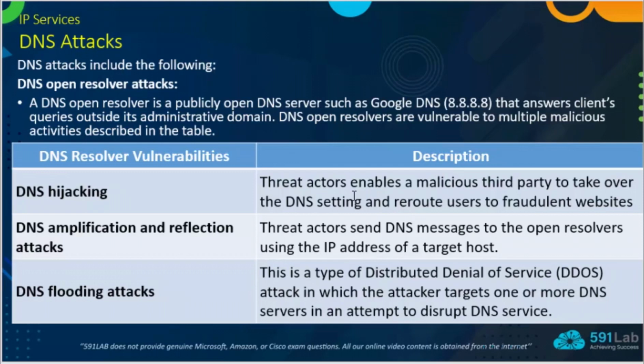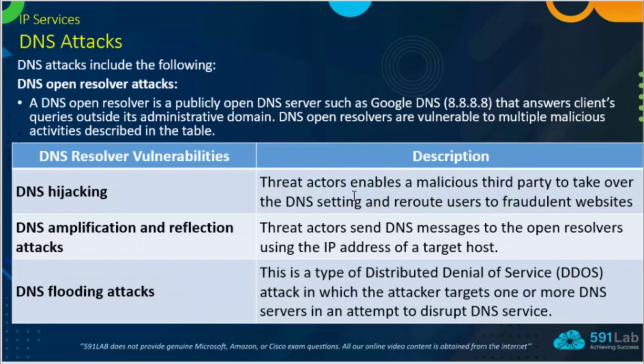We refer to that as DNS hijacking. We can also have DNS amplification and reflection attacks, whereby the threat actor sends DNS messages to the open resolver using the IP address of the target host. That means he is going to use the IP address of that target host to send a query to an open resolver.